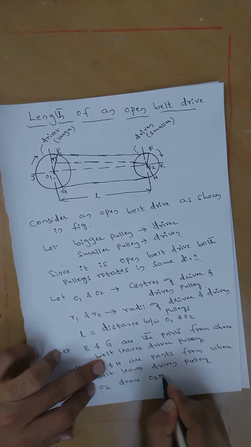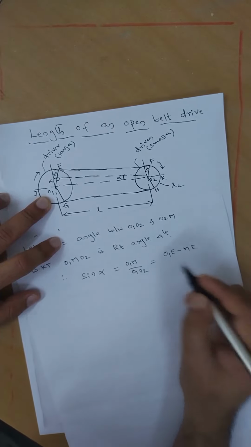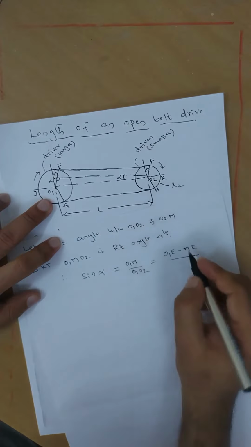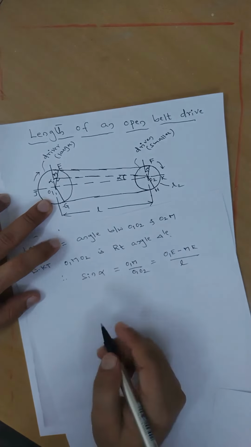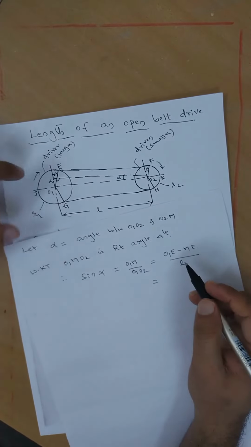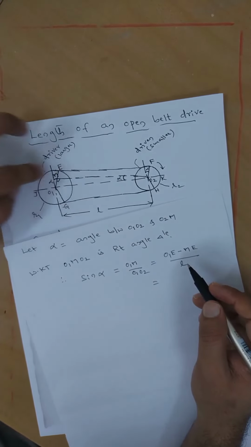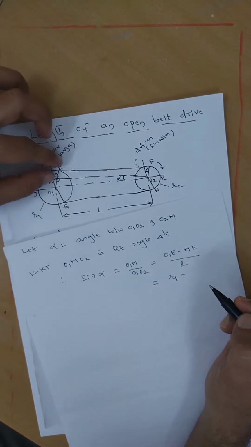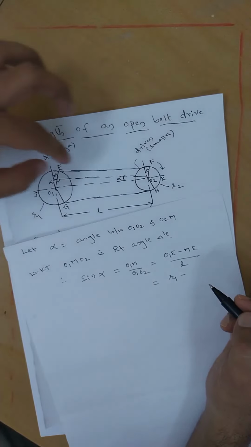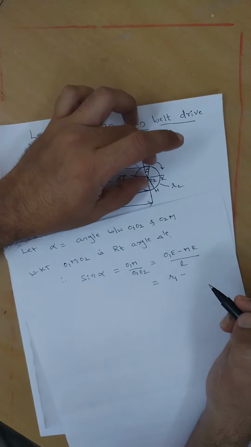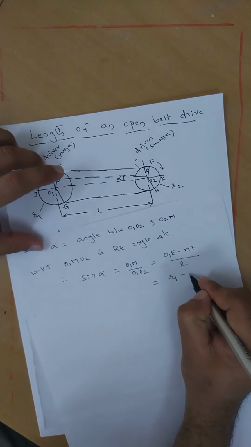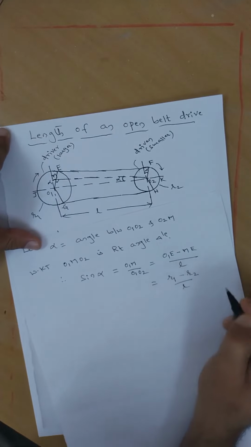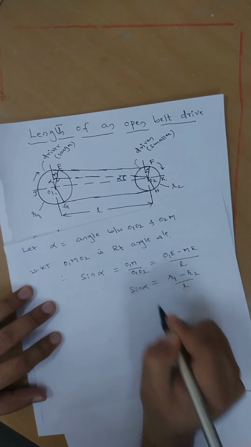O1M equals O1E minus ME, divided by O1O2, which is L. O1E is R1, the radius of the bigger pulley, minus ME, which equals O2F, the radius R2, divided by L.